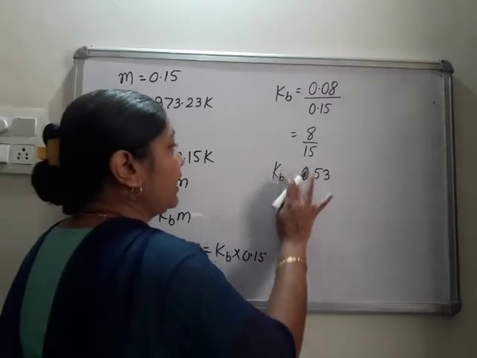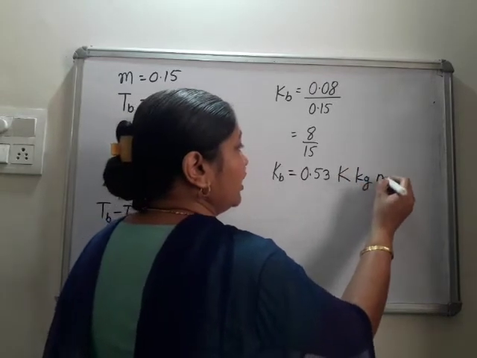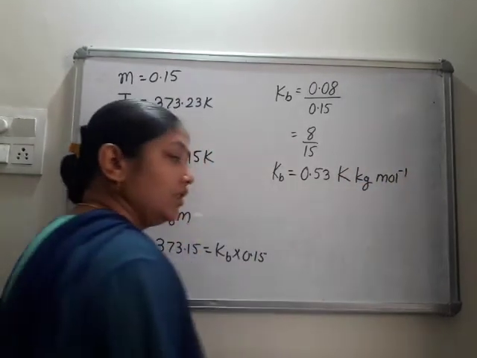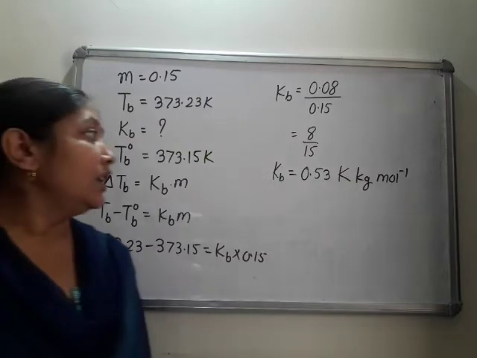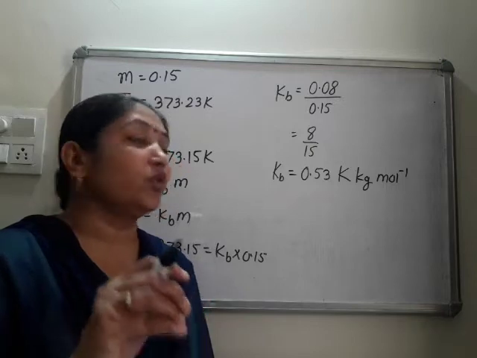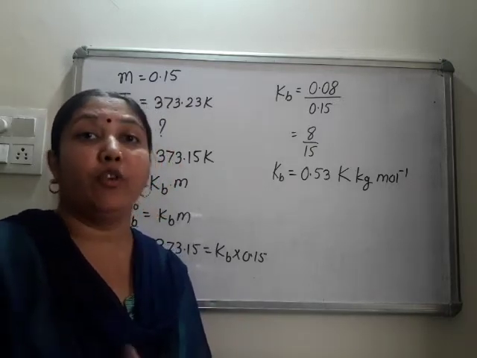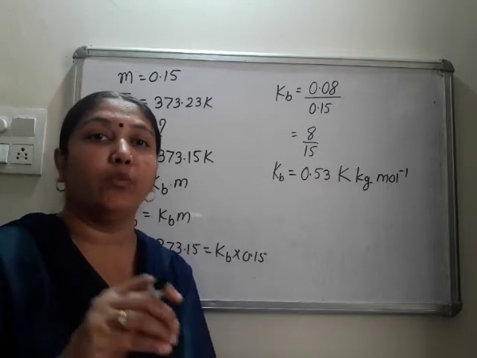What is the unit of Kb? Kelvin kg per mole. Remember this value. This is standard. Kb of water is 0.52 actually. Here we get that value as 0.53. And Kf for water is also fixed. It is 1.86.